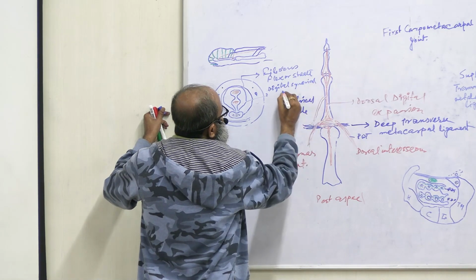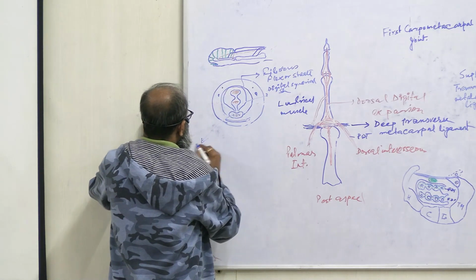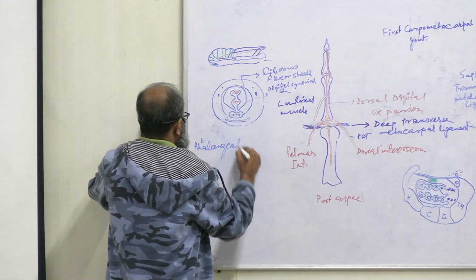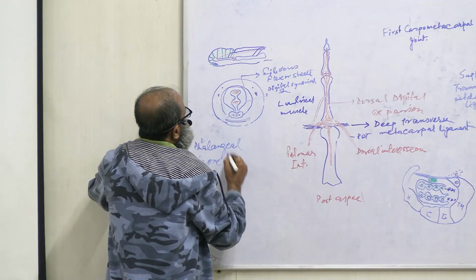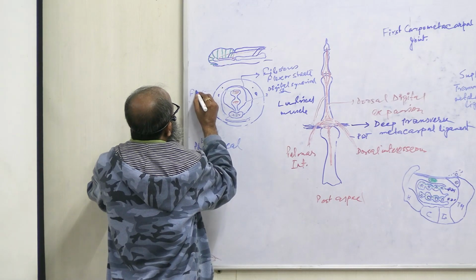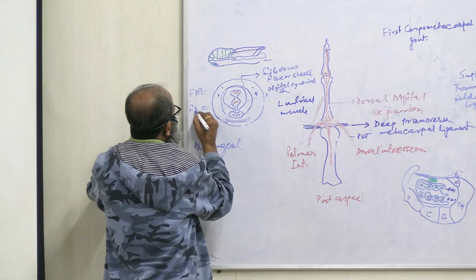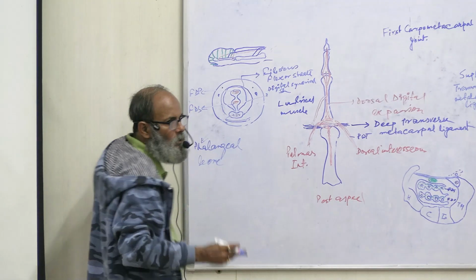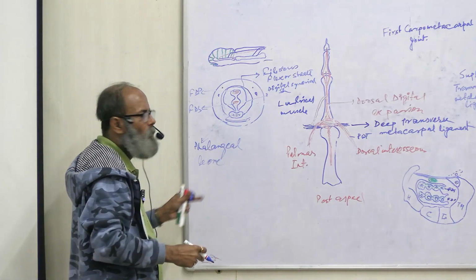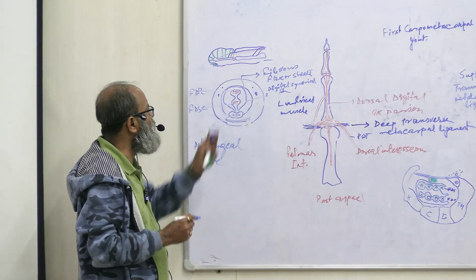This is the phalangeal bone. This is flexor digitorum profundus tendon. This is flexor digitorum superficialis tendon. Right? These are enclosing both. There is a parietal layer and the visceral layer, where they are continuous. And these are digital vessels and nerves.